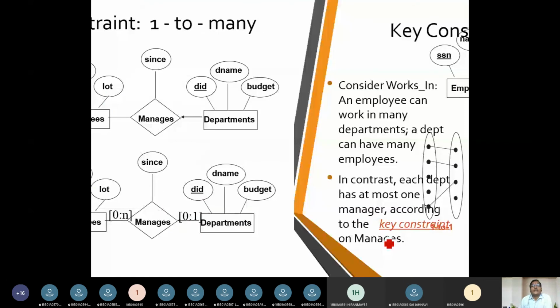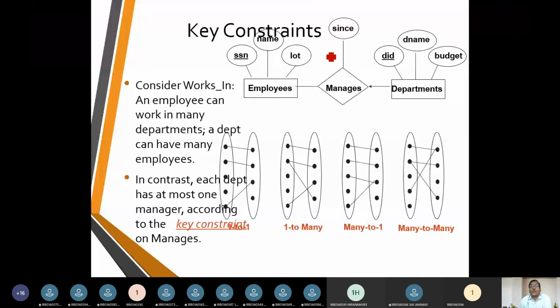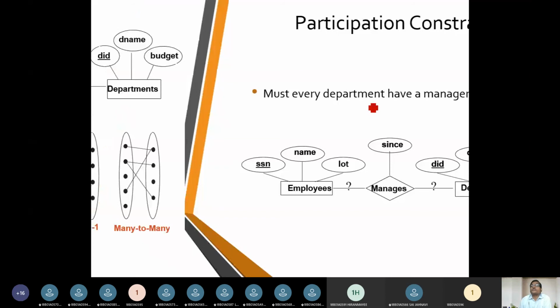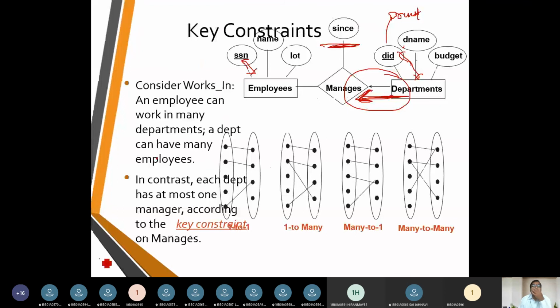Next, how long an employee is going to work. In this case we put an arrow mark here, which is the key constraint placed over it. SSN is part of the employee, and DID is part of the department, and we call these primary keys.